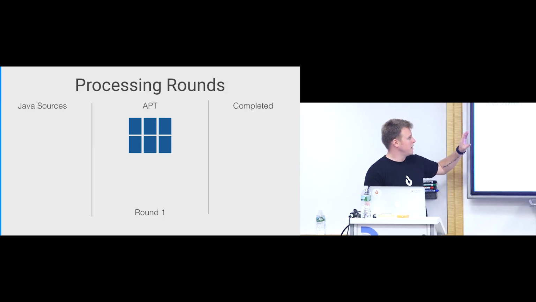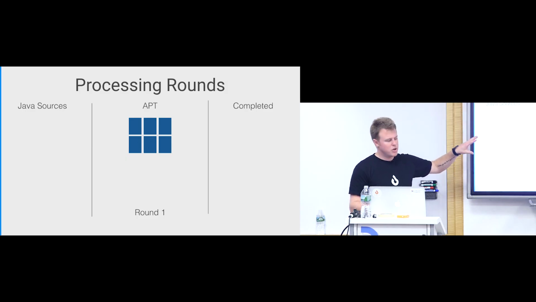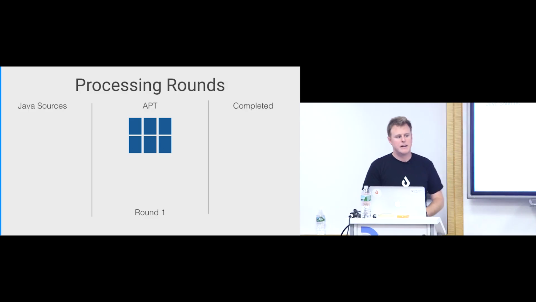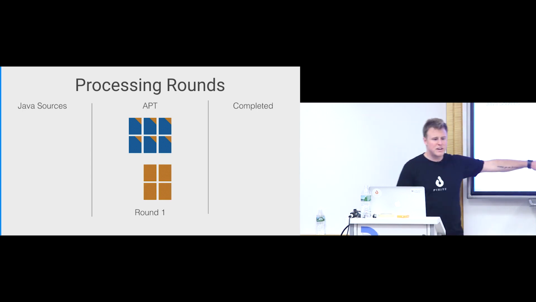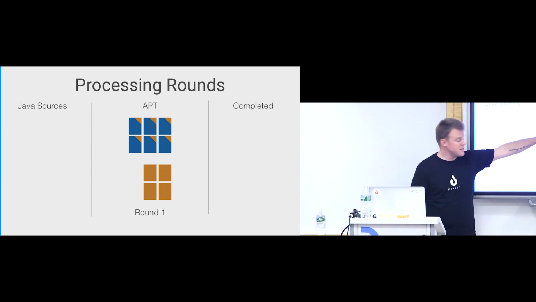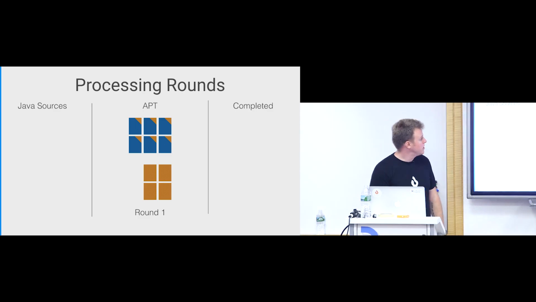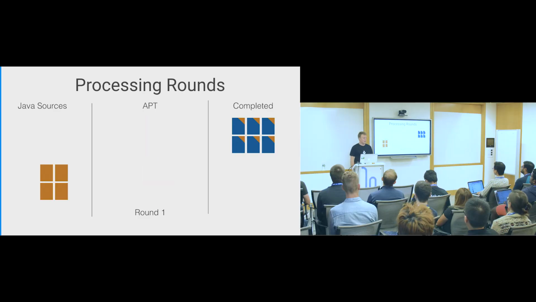The annotation processing tool notices that these are annotated with some annotation that you care about, and so it passes them to your processor. Your processor processes them and generates some new files. So these have all been processed, and they move over into the completed pile. But now we have new sources that the annotation processing tool hasn't had the chance to process yet. So that completes round one.